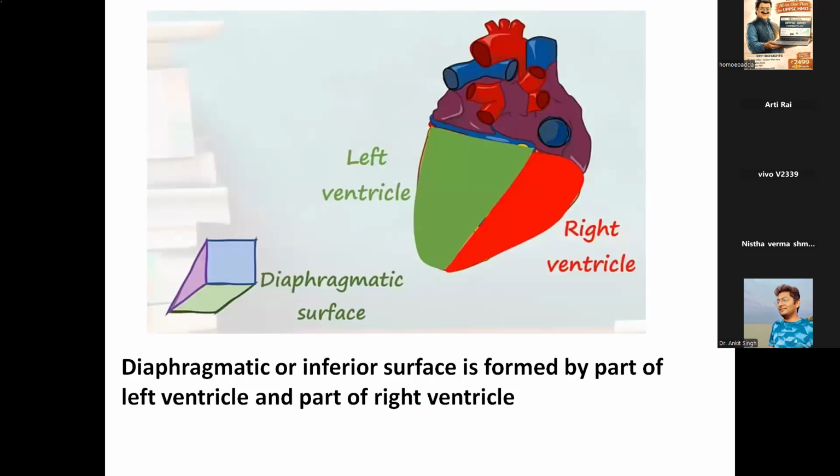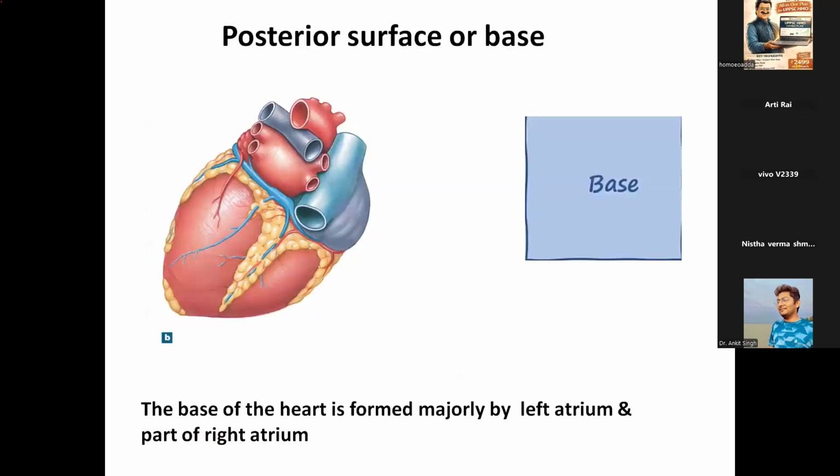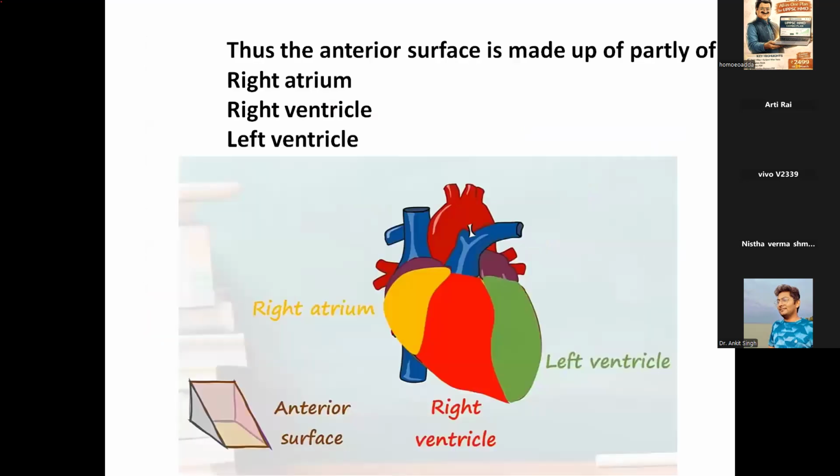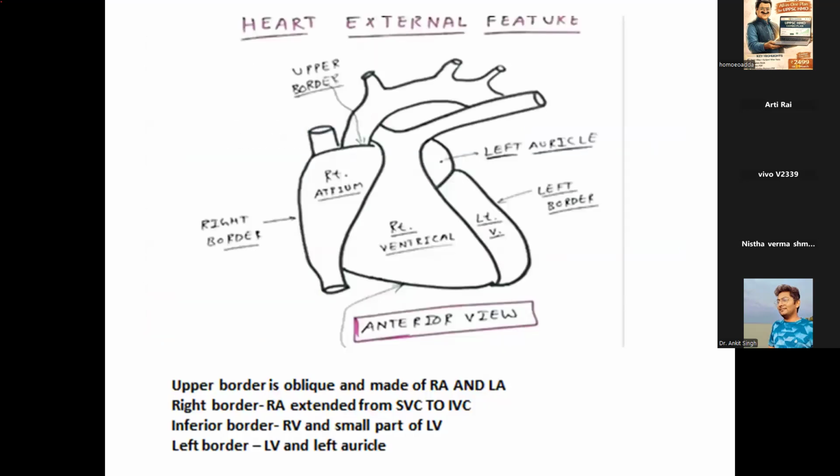The diaphragmatic or inferior surface is formed by the right and left ventricles. The base or posterior surface is formed by the left and right atria. So that is regarding the borders and the surfaces from the external features.